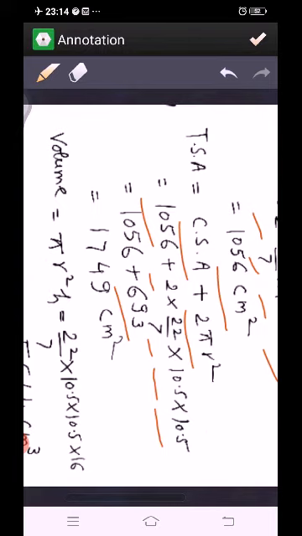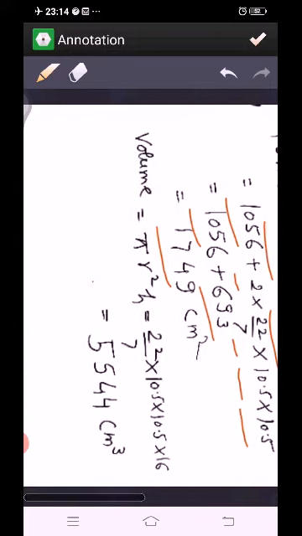So 1056 plus 693 is equal to 1749 centimeter square. Then volume equal to pi r square h. Pi that is 22 upon 7, r square means 10.5 into 10.5, h given 16. So on calculation we get 5544 centimeter cube. That will be its volume.